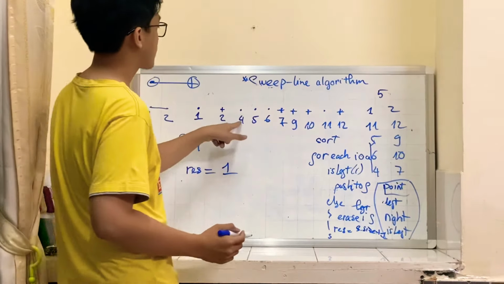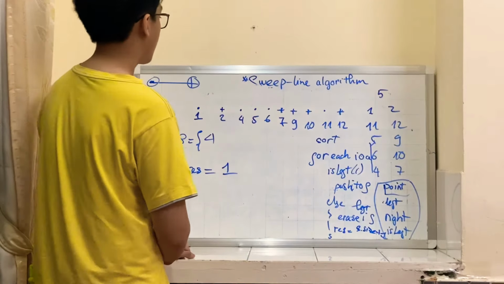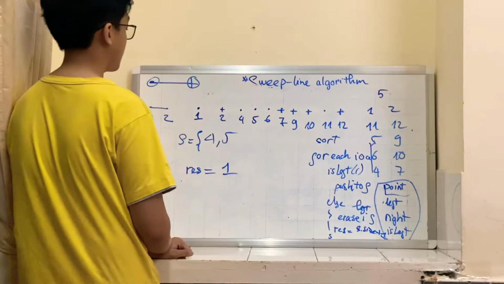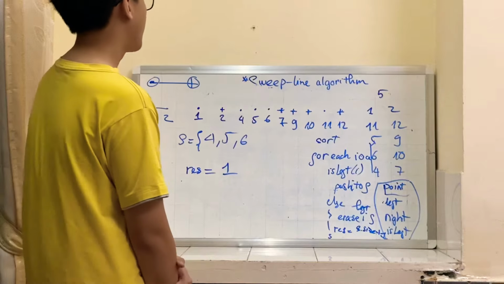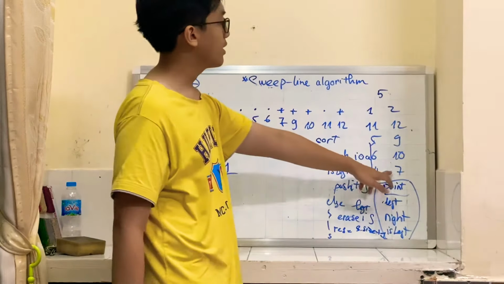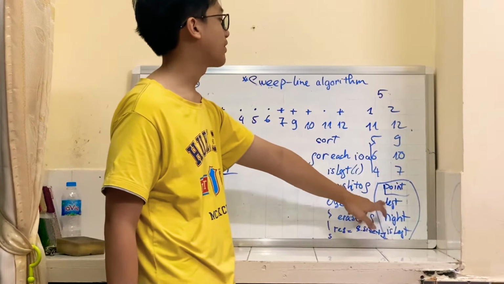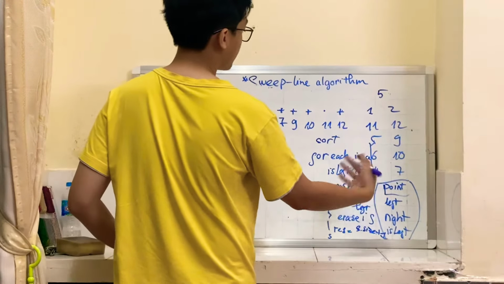Next one, we take 4 and push 4 to the set. Next we push 5 to the set because 5 is a starting point, and we push 6. And then here comes 7. Because we save the value of left, we know what to delete.